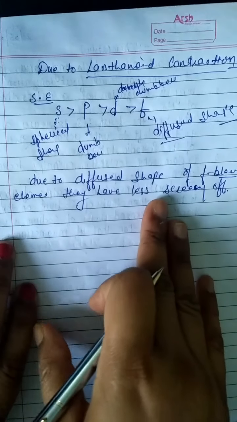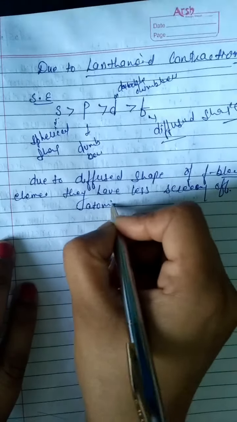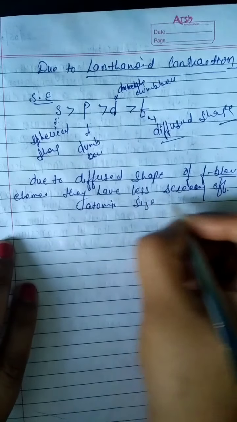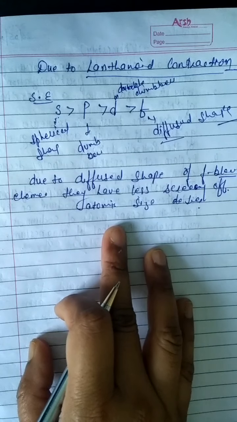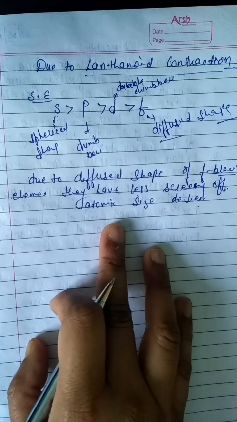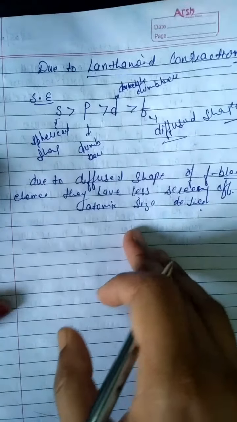Due to the less screening effect, the atomic size decreases. Clear? Due to the diffused shape, they have a less screening effect, so that's why the atomic size decreases.